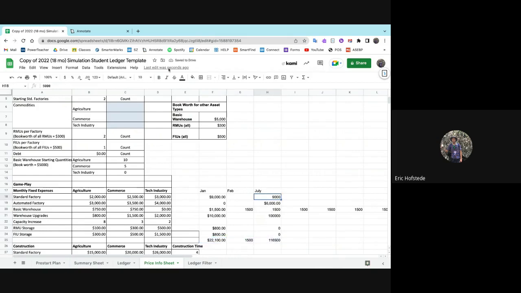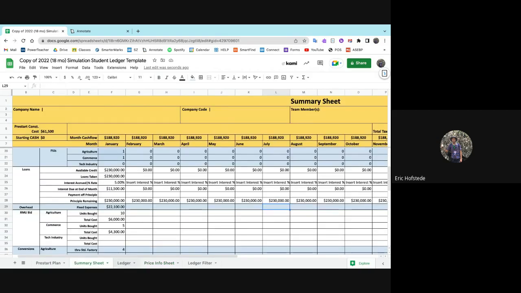Was one of those just 900? No, that's way too big. Maybe these all have to be dollars. That's not $100,000. That's just 10,000. There we go. $26,000. Pay my new fixed expenses.